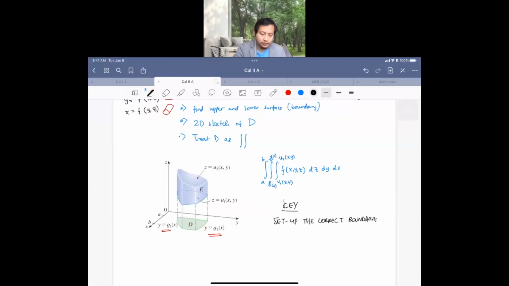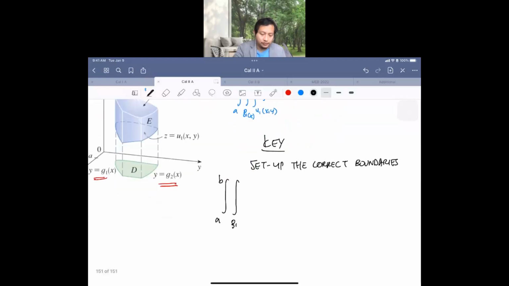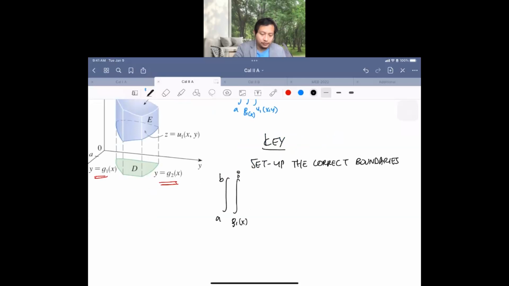This should be the key for every multiple integral or every triple integral you have. For example, you can have a, b, and then the second one is the same as this, g1x, let me just write it as an example. And the last one is a function of two variables.